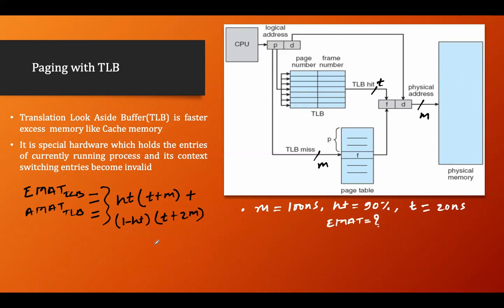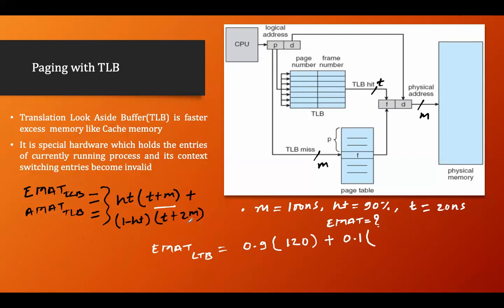So what is the effective memory access time with TLB, paging with TLB? It will be 0.9 of T plus M. What is T? T is 20 plus M, and M is 100, so it will be 120, right? 100 plus 20, it will be 120. Plus 1 minus 0.9, it will be 0.1 into T. What is T?